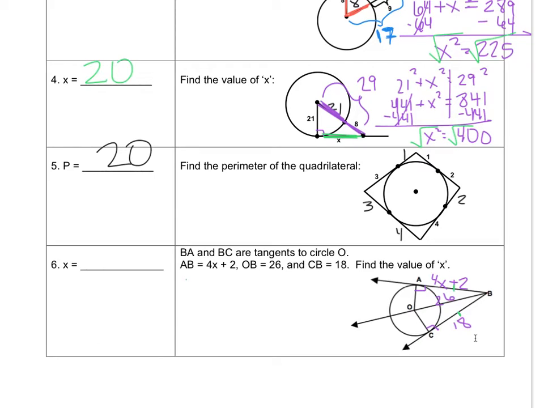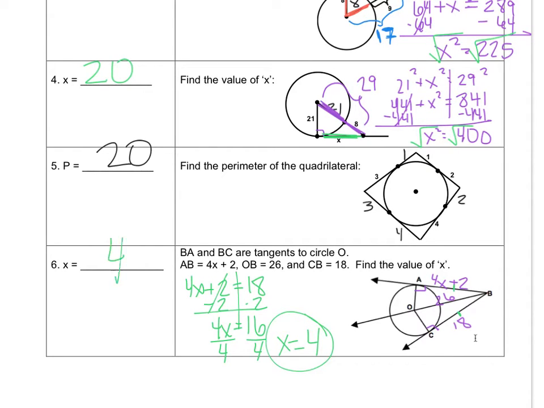So we have 4x plus 2 equals 18. Okay, subtract 2 on both sides. And then when you divide by 4, you're going to get x equals 16 divided by 4, which is 4.